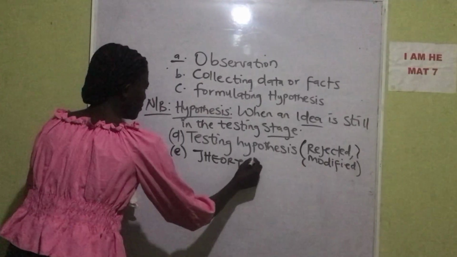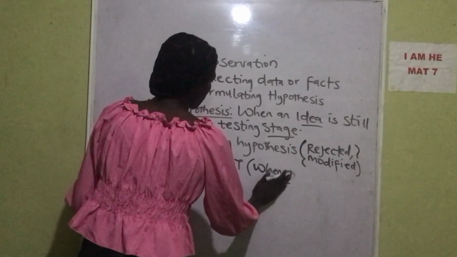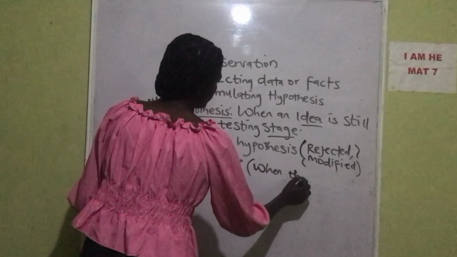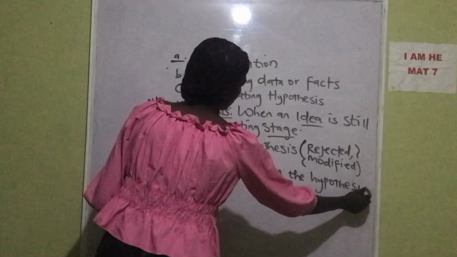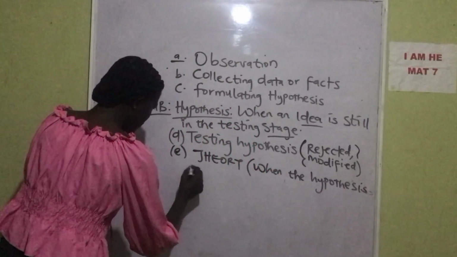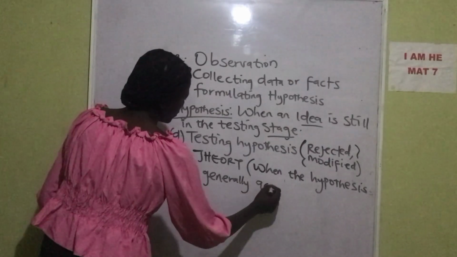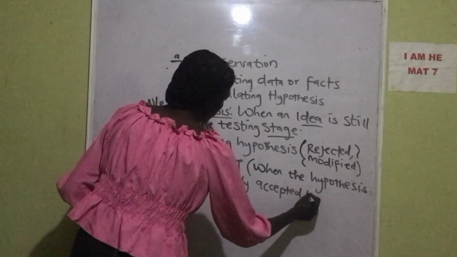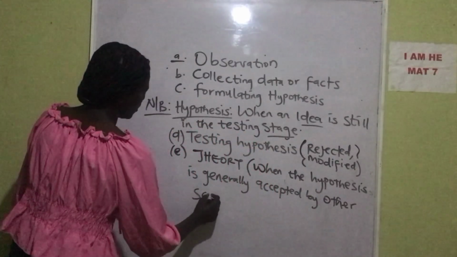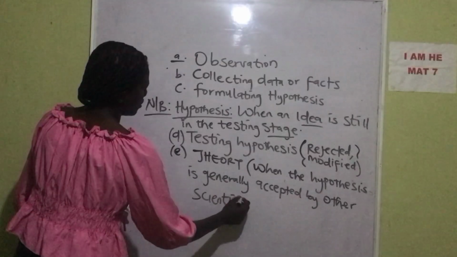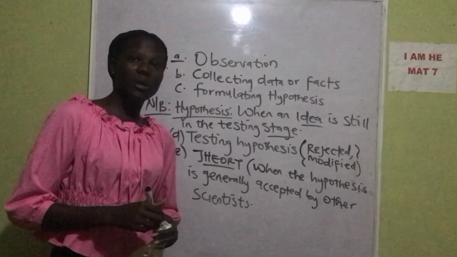Theory is when your hypothesis is generally accepted by other scientists. So it now becomes what? A theory. Do you understand?